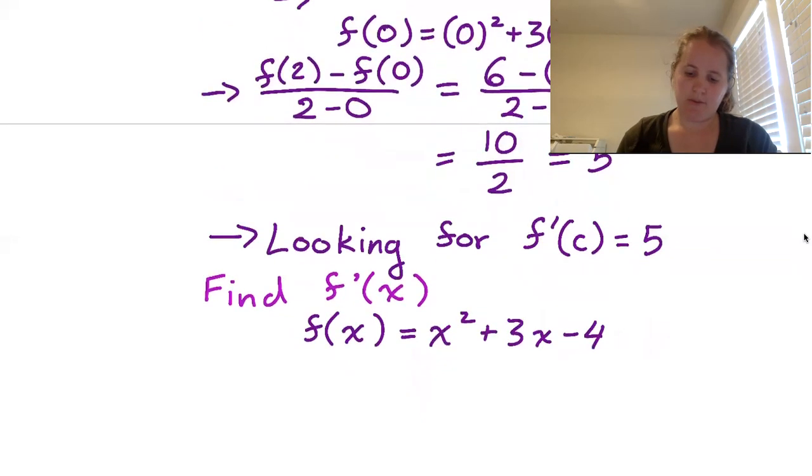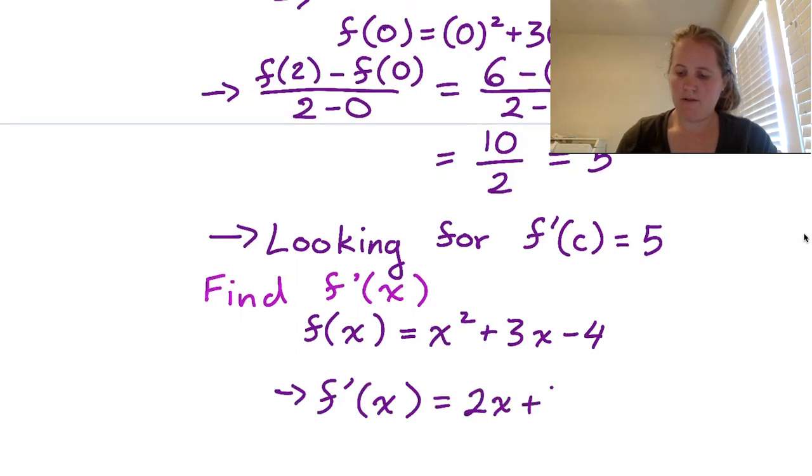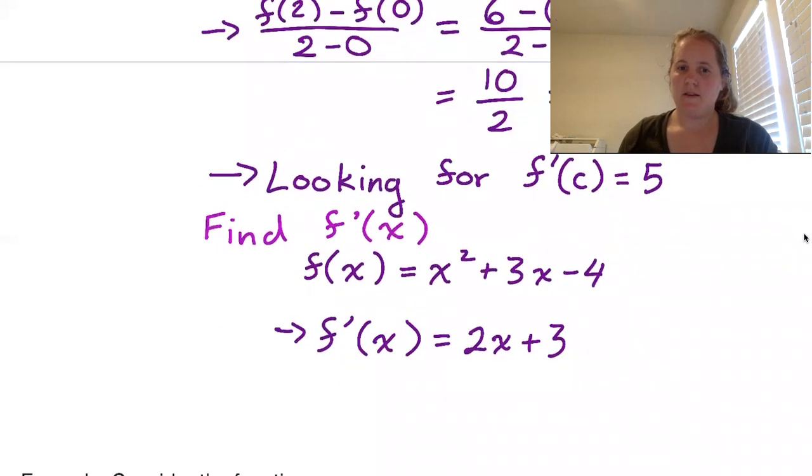So that means that f prime of x is 2x plus 3. So we're essentially solving for where that equals 5.